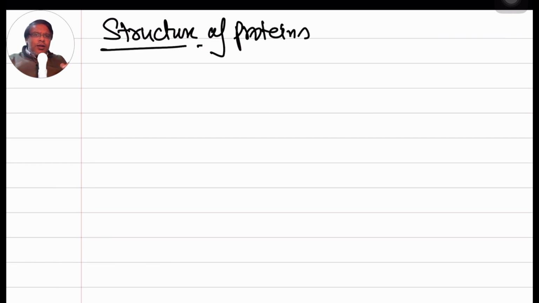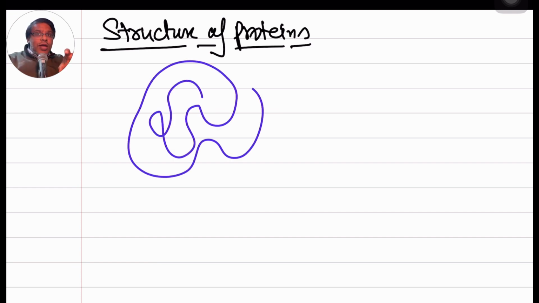Now we are going to discuss the structure of DNA, but here I also want to tell you some important points related to the structure of proteins. Hopefully you know, in the case of cellular proteins, the proteins present within the cytoplasm, not the membranous proteins, the outside environment is hydrophilic.